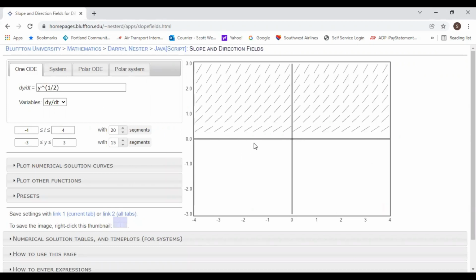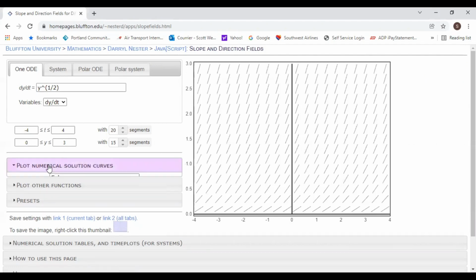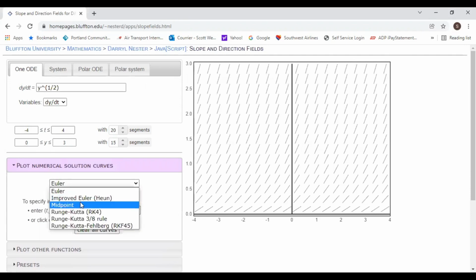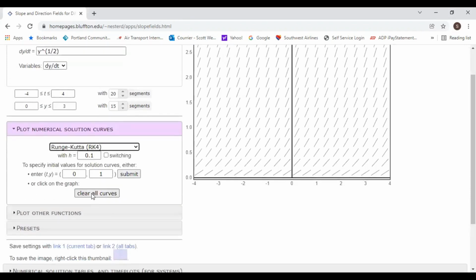All right, and notice, by the way, that the entire lower half of the yt plane is missing because this is obviously not going to be defined when y is negative. That's the reason for that, and we'll put y starting at 0 here just to make that a little clearer. And now let's put in a numerical solution curve. We'll use the Runge-Kutta, so we make the best possible curve.